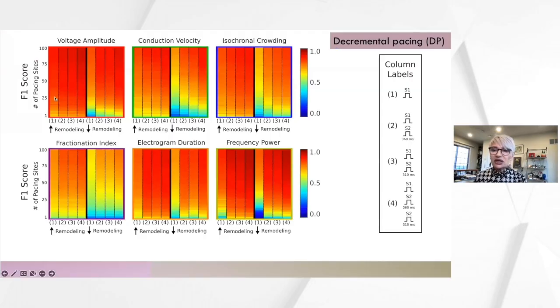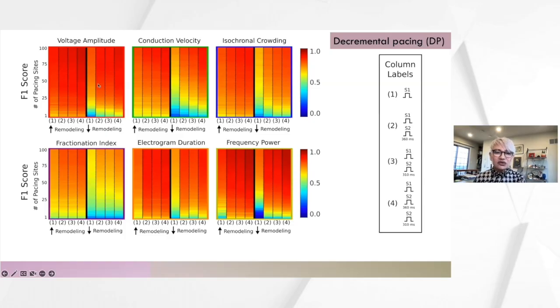What you will see here for the decremental pacing is that these 4 histograms are for hearts with large remodeling, large infarct, and these are for small infarcts. You can see the number of pacing sites, the multiple wavefront propagation, increased the accuracy of prediction a little bit for larger infarcts, but improved it pretty significantly for hearts with a smaller infarct.